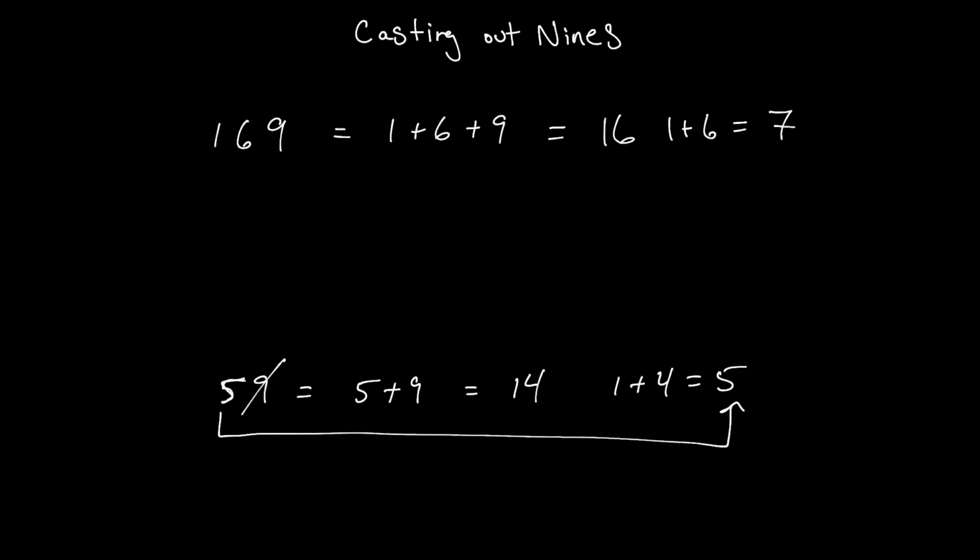So you can see if I were to add 7 plus 9, that equals 16. 1 plus 6 equals 7. It just goes right back to the digital root. So no matter what number you have, if you add 9 to it and you take the digital root, you're always going to go back to those same numbers.